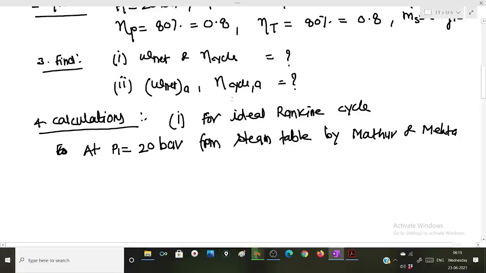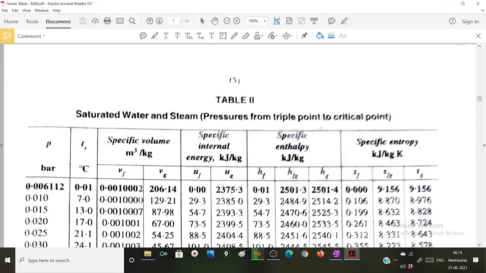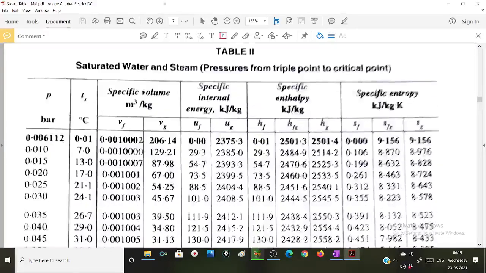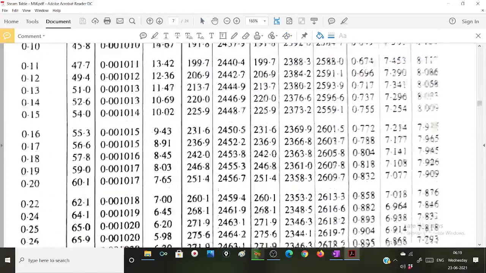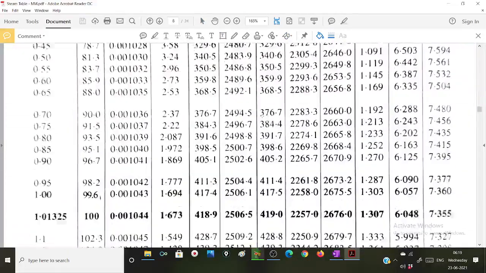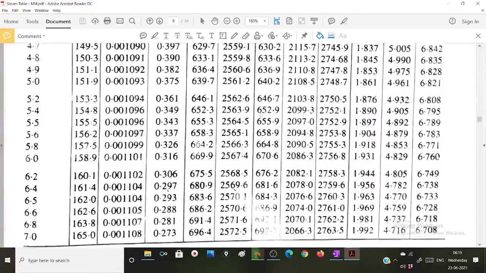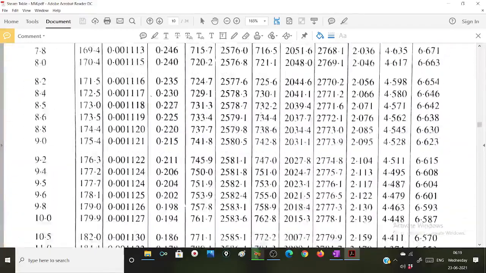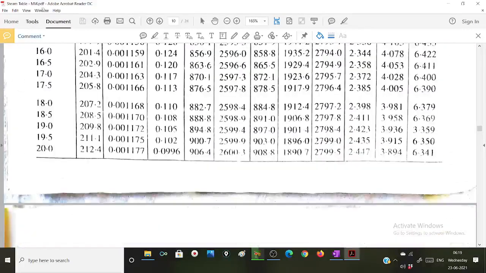So let us refer to the steam table. We have been given pressure as 20 bar. So we have to refer to table number 2, where corresponding to pressure, different saturated properties for steam are given. So we have to locate 20 bar pressure first. So this is 20 bar pressure.